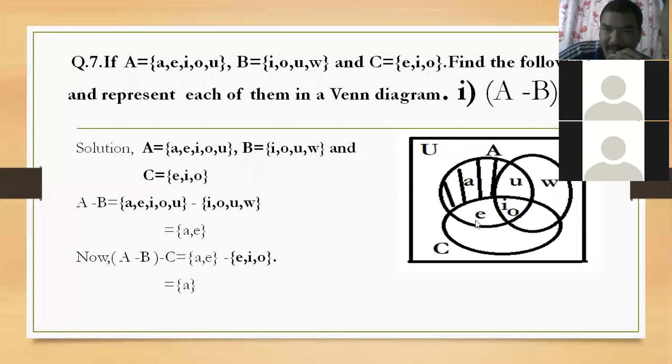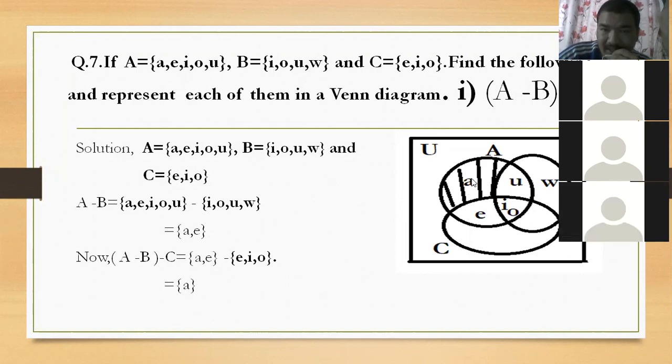Then its Venn diagram will be like this. This part is what? This part is A minus B minus C. Okay, children? This part is A minus B minus C. This side part is A only.